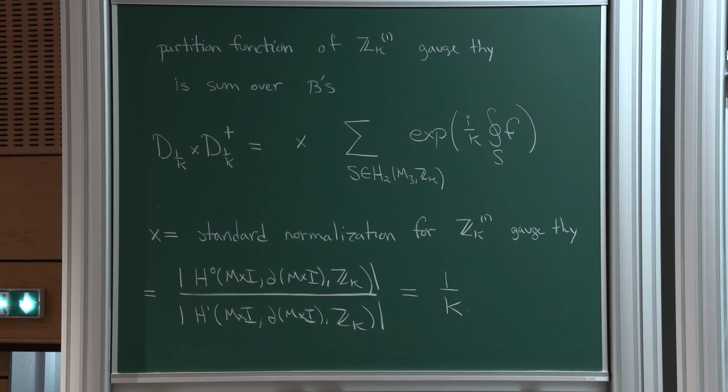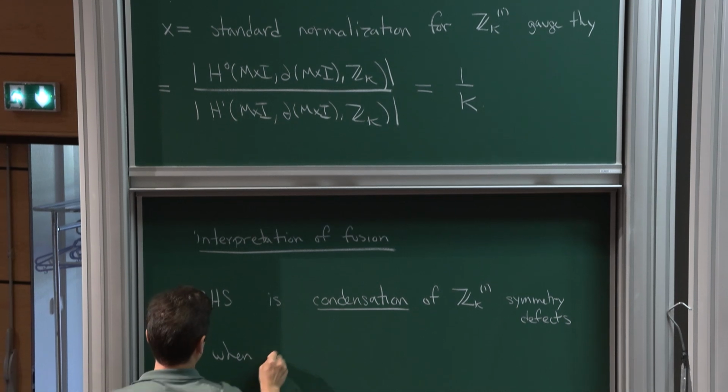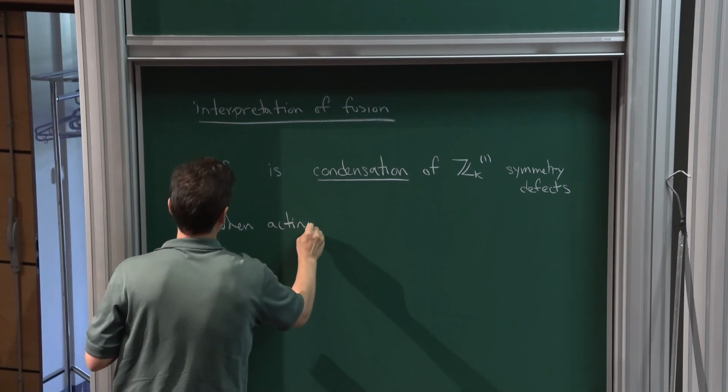So instead of modifying the theory, usually you think gauging in all of space-time modifies the theory, this creates an operator in the theory. Okay? So it's some kind of operator. Now, what can you say about this operator in general when acting on local operators?